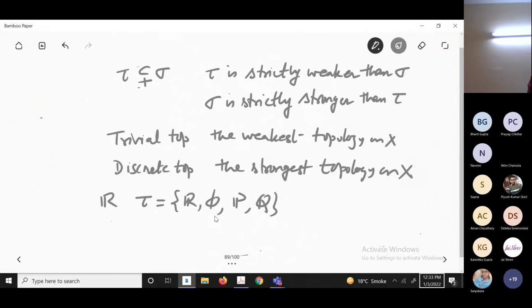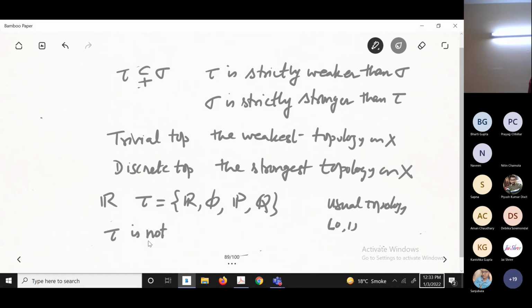This will give you a topology. This is not comparable to the usual topology, because in the usual topology, neither of these is open. On the other hand, in the usual topology, the open interval (0, 1) is open, and that is not open here.